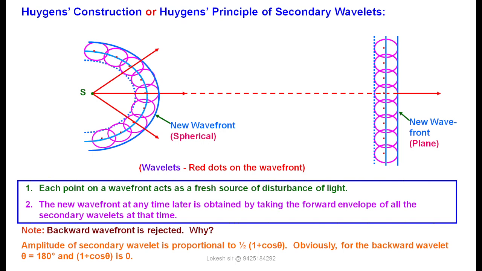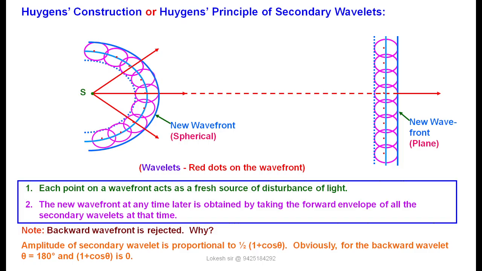So cos 180 degrees equals minus 1, and 1 and minus 1 cancel each other and you get 0. It means the amplitude is equal to 0.